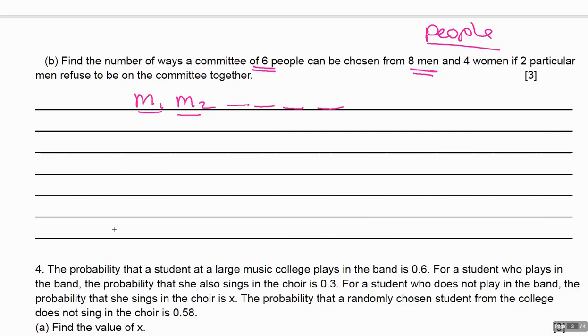So really, how many people do I have left if 2 men are already on the committee? How many men are left? 6. And then 4 women, right? How many people do I have left? 10. Now remember, in that previous problem, the requirement was something about men and women.